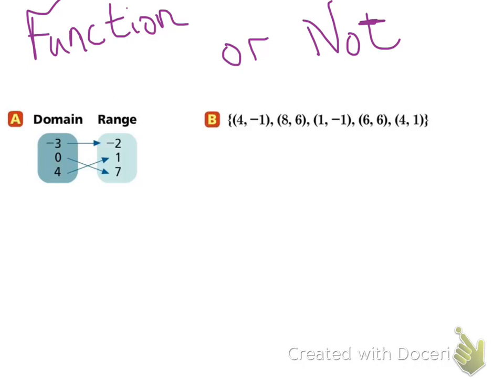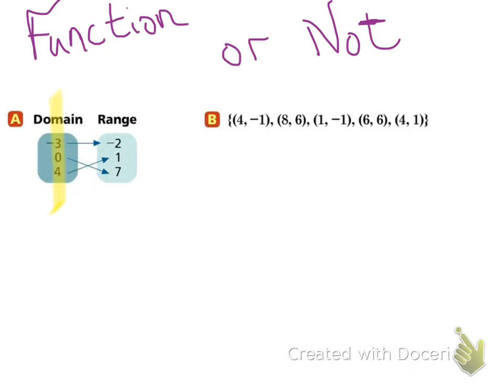So let's look at these two and determine which or if either of them are functions. So the thing I'm looking at the most is my x values, or my domain. So focusing in on this column, is there an arrow that leaves and goes to 2 y values?